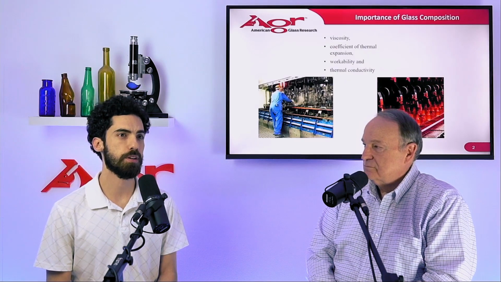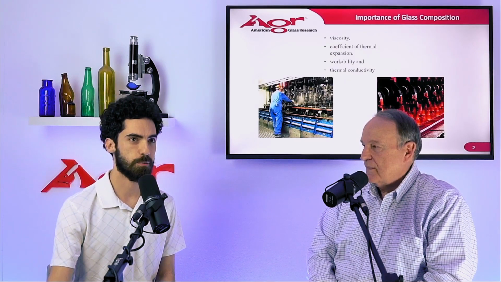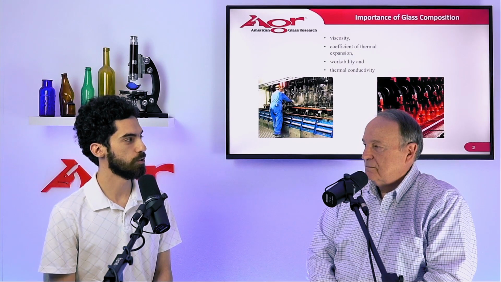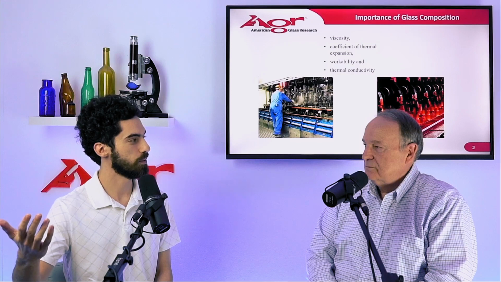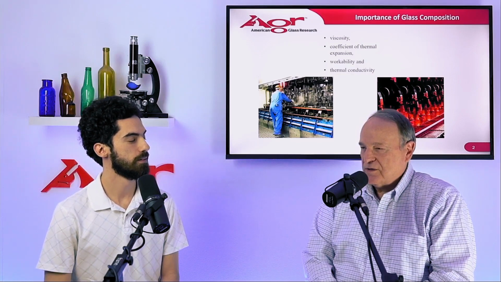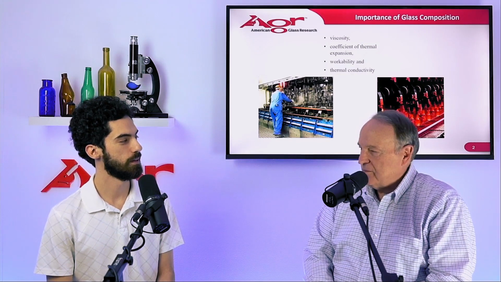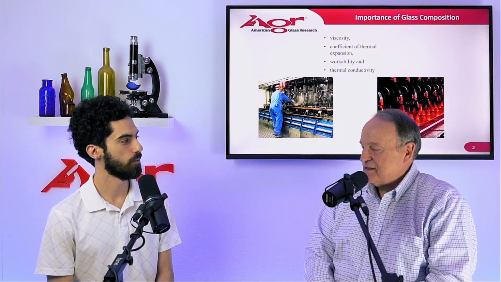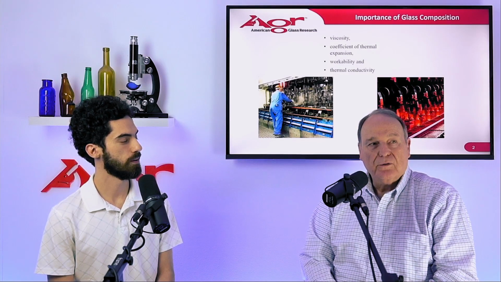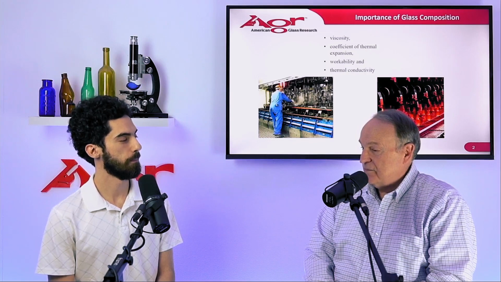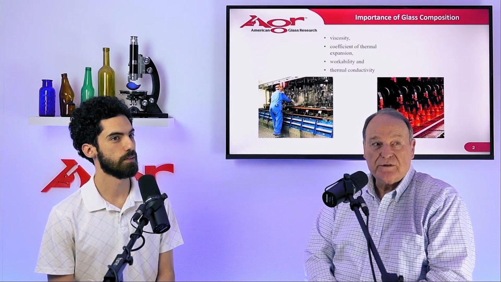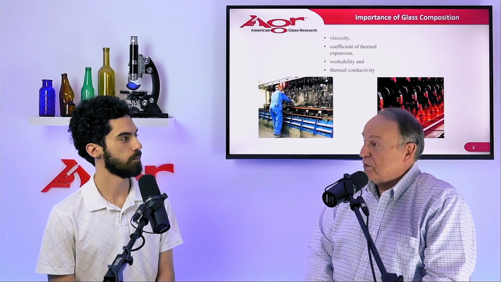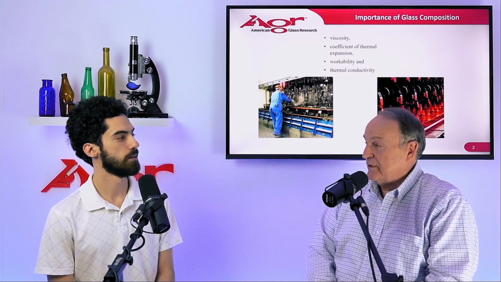But before we get into that, let's talk a little bit more about the importance of that glass composition, the reasons we're doing this in the first place. It turns out that you have to maintain a consistent glass composition in order for the viscosity of the glass to be consistent, thermal conductivity, coefficient of expansion, even what's called the workability of forming glass containers.